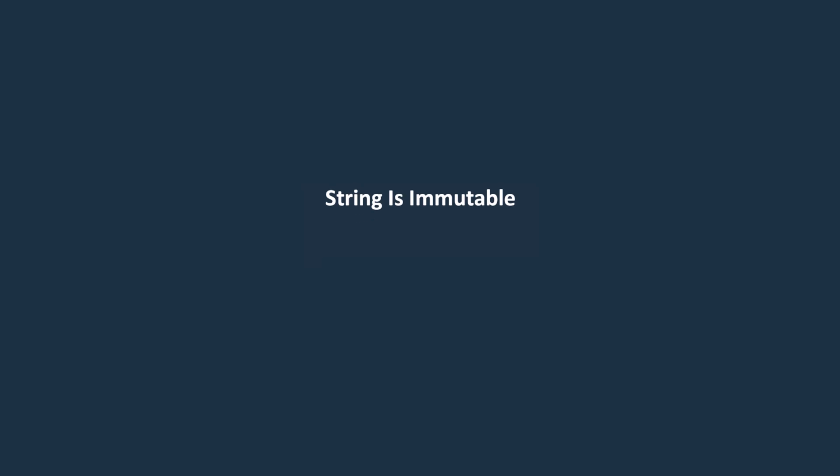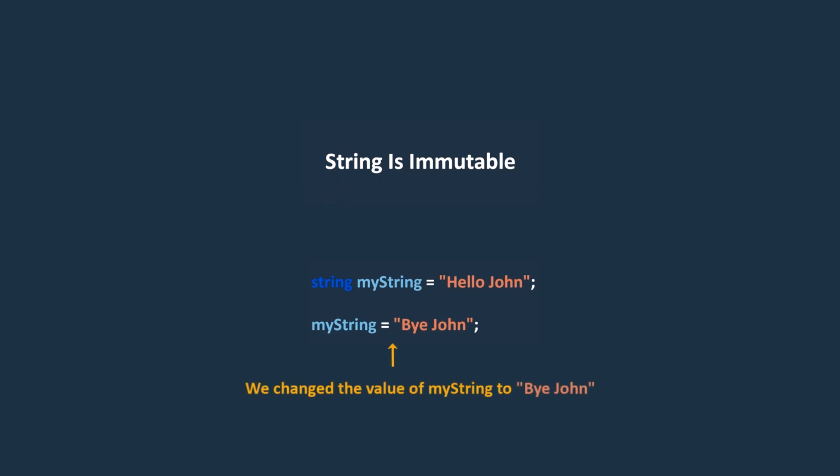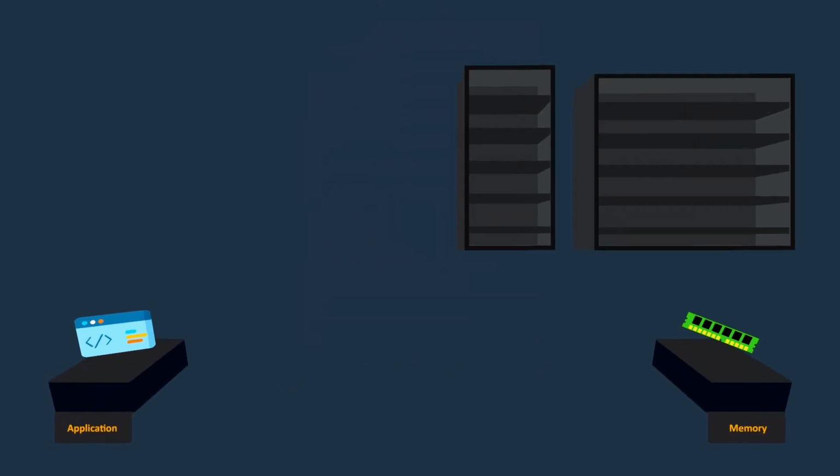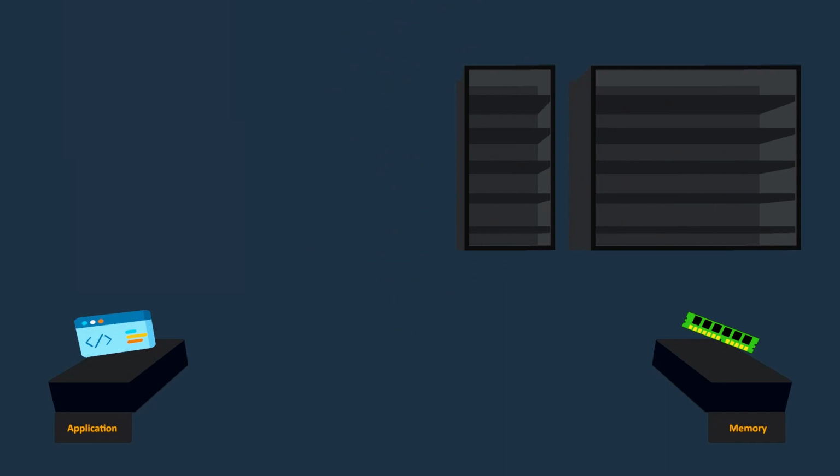You might wonder, even though we can easily change the value of a string variable, why do we still consider strings as immutable? To gain a better understanding of string immutability, let's illustrate what exactly occurs during the process of string assignment.